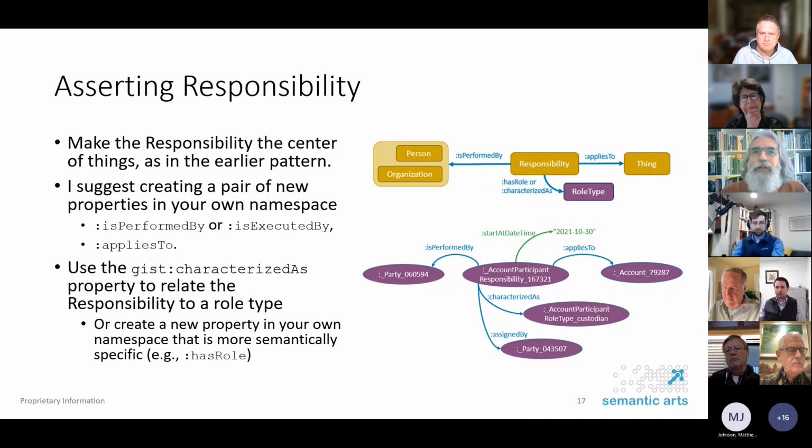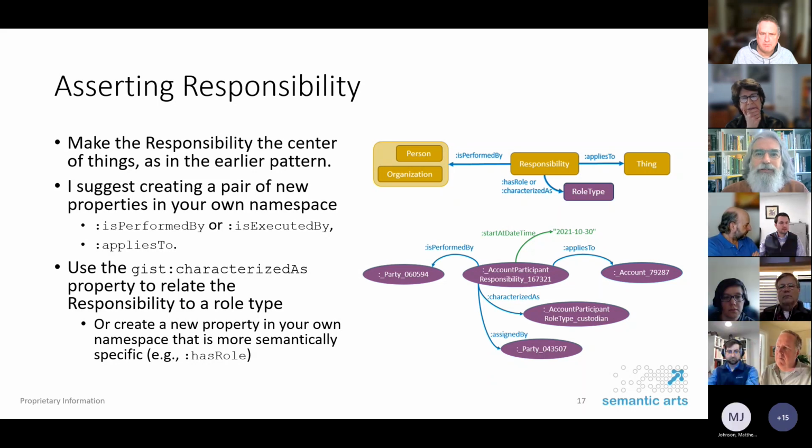Well, let's back up. If the legal guardianship would apply to the child X, it's performed by adult Y, with some start and stop date, and that guardianship is characterized as the role of legal guardian.